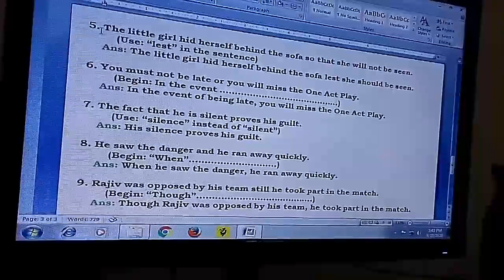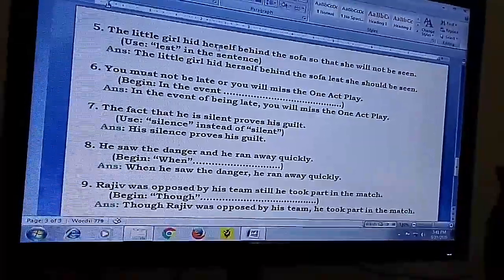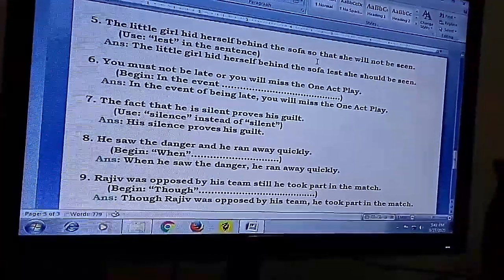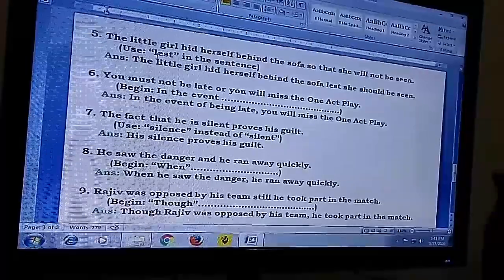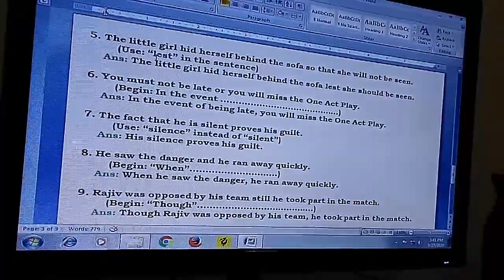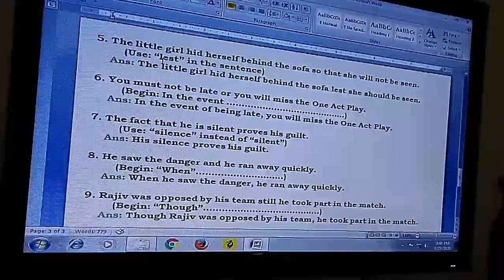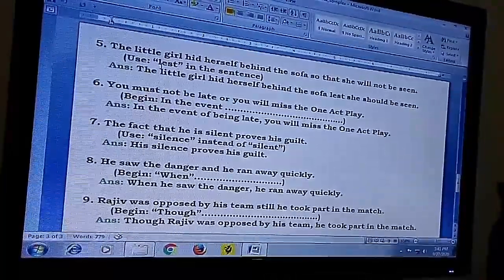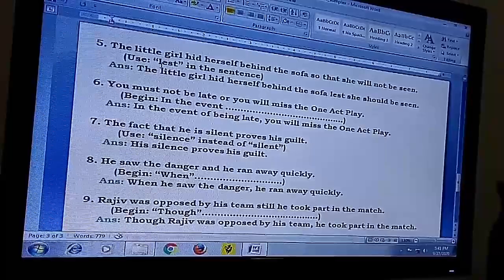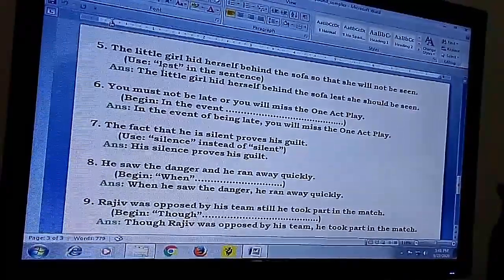Fifth example. The little girl hid herself behind the sofa so that she will not be seen. Use lest. Boys and girls, this is a very typical English sentence when you use lest. The sentence construction drastically changes.